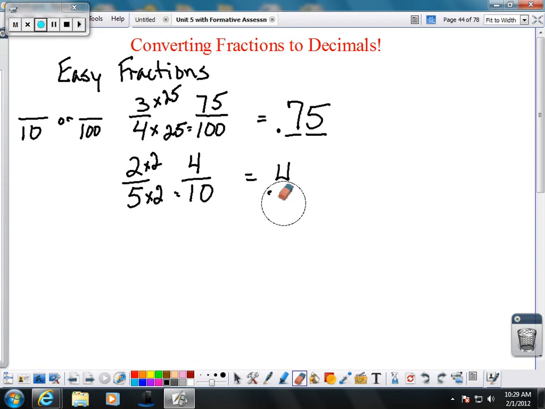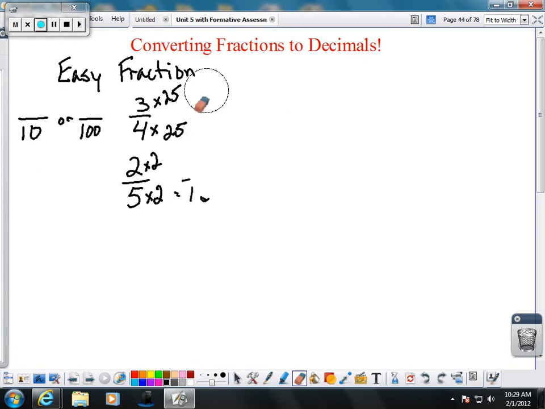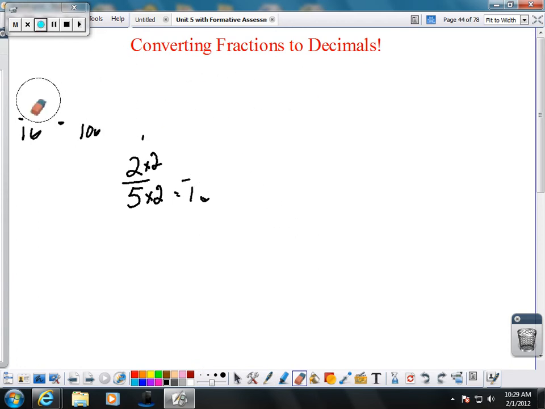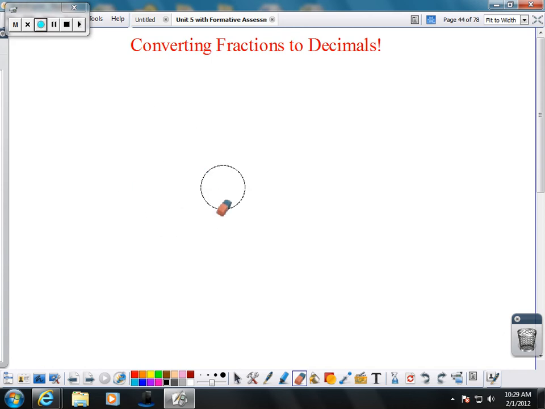Let's go ahead and erase this because I can keep doing more, but I want to get you to another way to convert a fraction into a decimal. Sometimes we have fractions like 7/8. As much as I try, I can't change that 8 into a 10 by multiplying it by anything, and I can't change that 8 into 100 by multiplying.